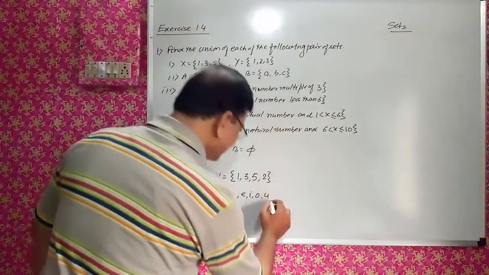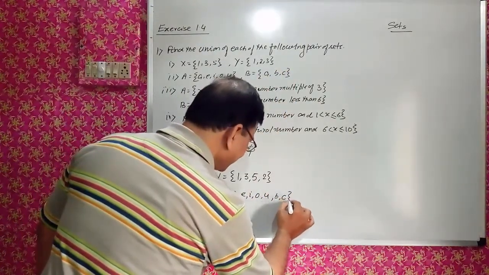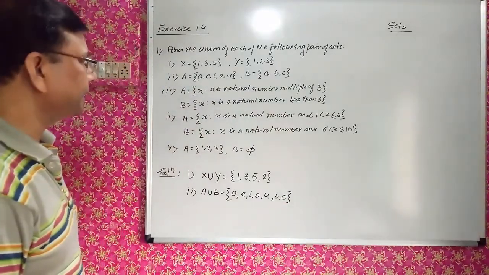B and C is left, so we will write B, C. So this is A union B.